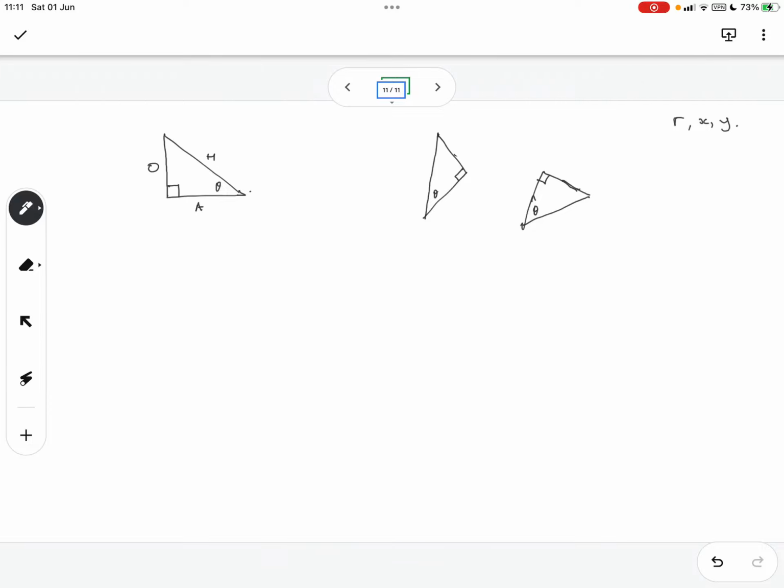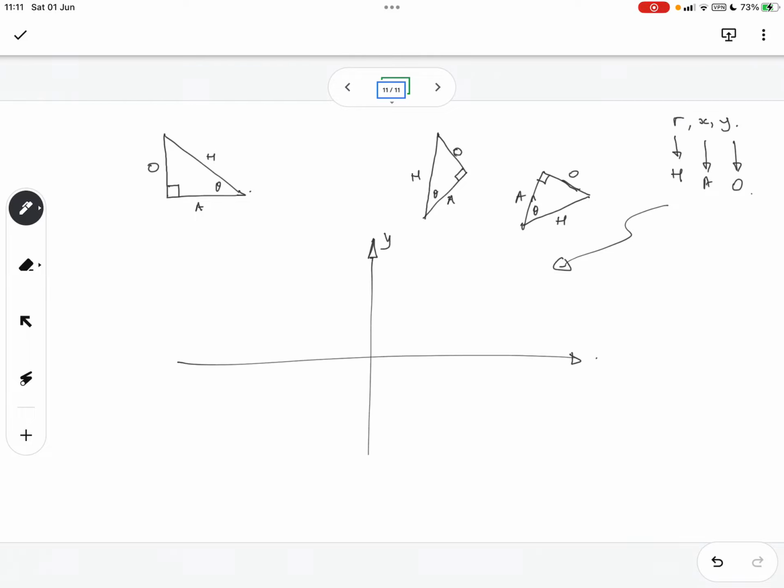So we know that this maps to our hypotenuse, this to our adjacent, and this to our opposite. Now we're going to take all of this and translate it to our xy plane.